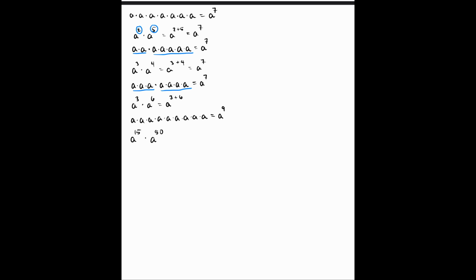So again, in our third example, we could add 3 and 6 to see how many a's we have. And that would give us a to the 9th. And finally, for this example that would have been annoying if we had to write out all the a's, now we can just add the exponents.